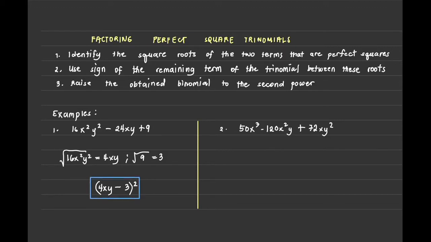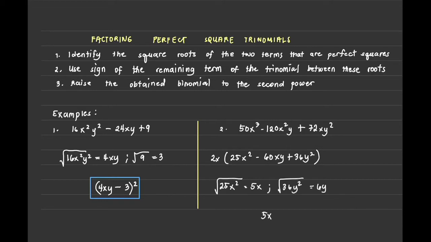For number 2, we can notice that we can reduce the given polynomial by factoring it out using the common monomial factor, which is 2x. And we have the factors. We can observe that the second factor is actually a perfect square trinomial, and therefore, we need to factor it out. Get the square roots of the two terms that are perfect squares, which are.